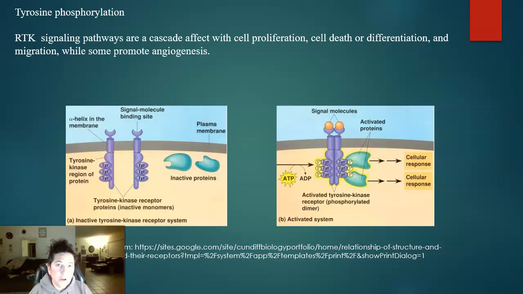So the receptor autophosphorylation creates phosphorylated tyrosine residues on the cytoplasmic molecules. And it is the combination of the signaling molecules that determines the specificity of individual receptor protein tyrosine kinases.